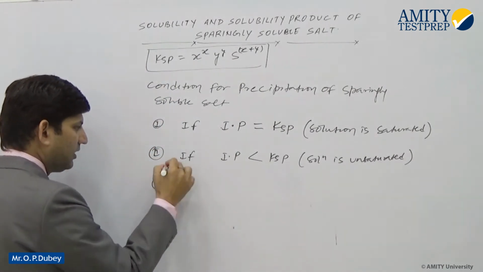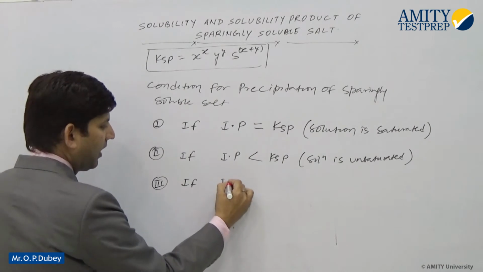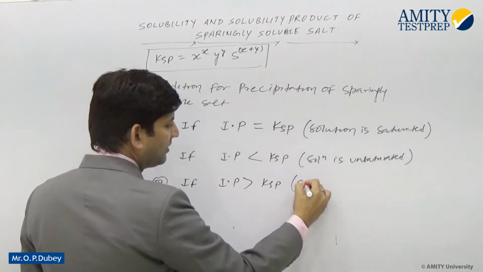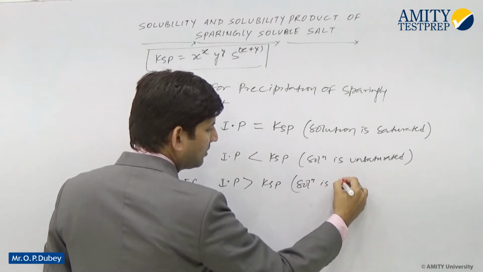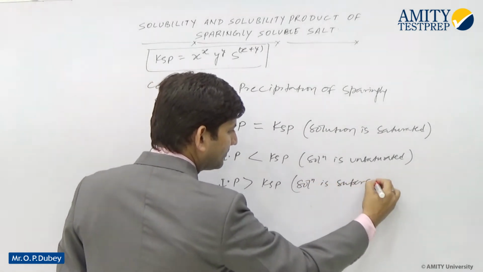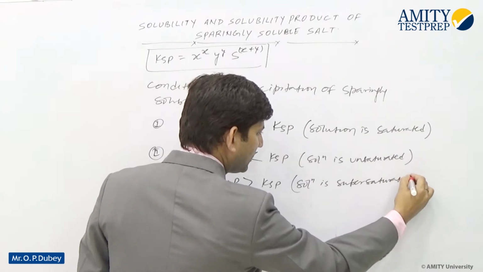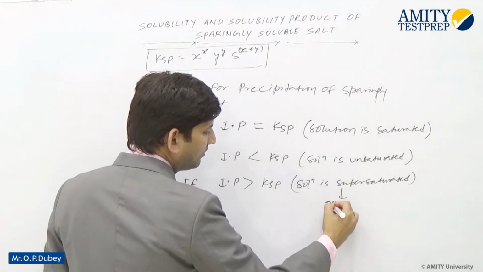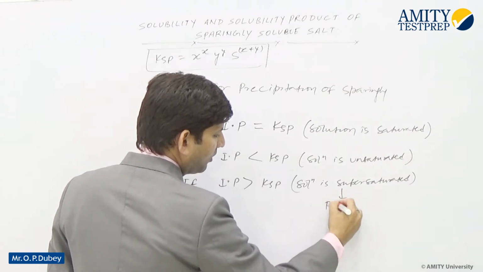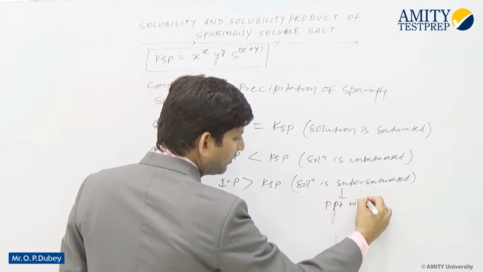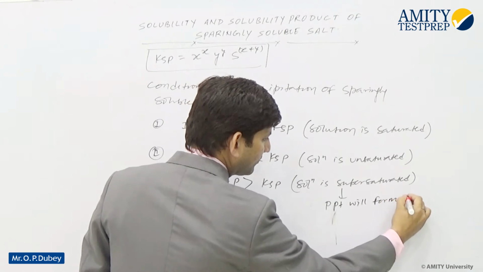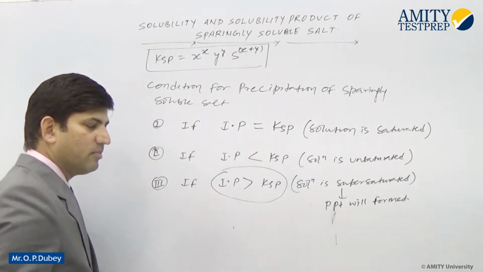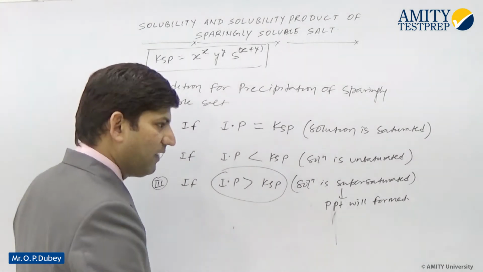And in the third case, if the ionic product is greater than the Ksp, that means the solution is supersaturated, and in this condition, precipitate will form. That is, the condition for precipitation is that the ionic product should be greater than the Ksp value.